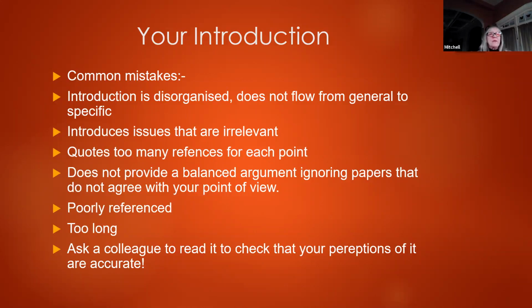Again, a common mistake is quoting too many references for each point. It just becomes too confusing for people to read through when you have many, many references. It may also not provide a balanced argument, ignoring papers that do not agree with your point of view.